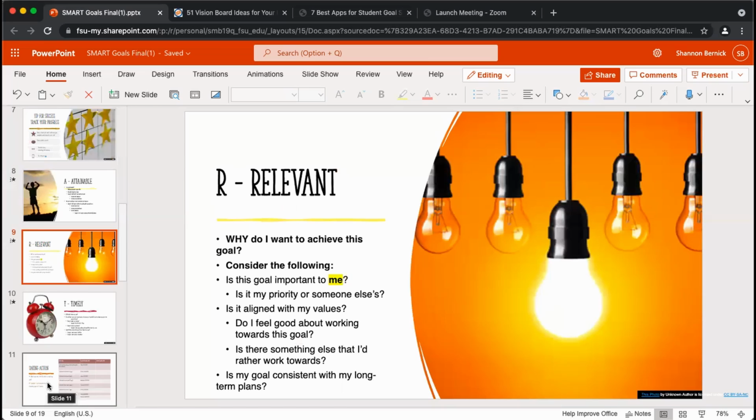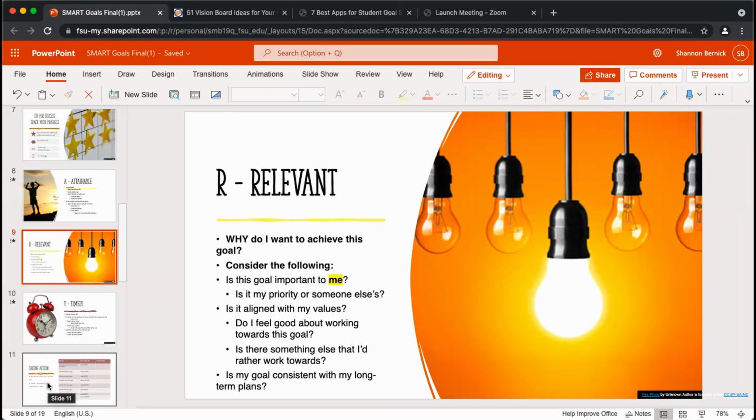With the R, we want to make sure that our goal is relevant. And this one really takes some thought. So oftentimes we think, setting a goal that we're going to become a medical doctor sounds great and it sounds like a wonderful goal. And it's hard to imagine why someone wouldn't want to achieve that goal.